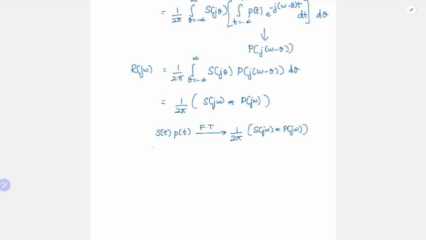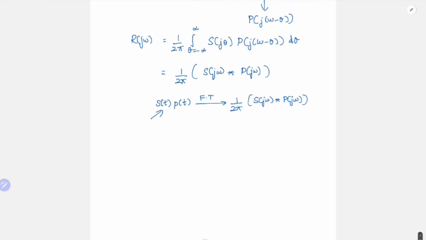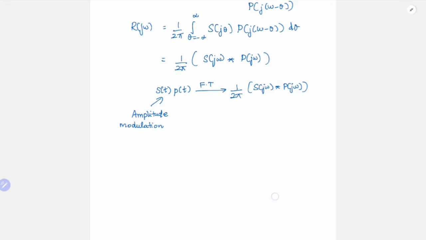So this is our relation. Again, if you see, this multiplication is nothing but amplitude modulation. So you have something called a carrier signal, and we have what we want to send, which is called a message signal, and we modulate the amplitude of the carrier using the message signal.